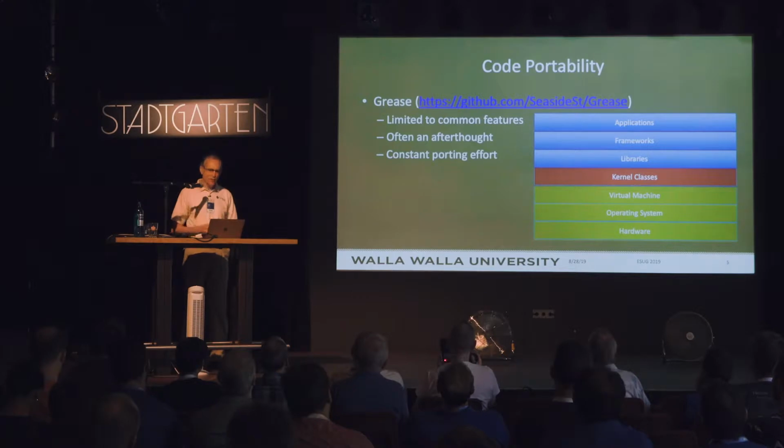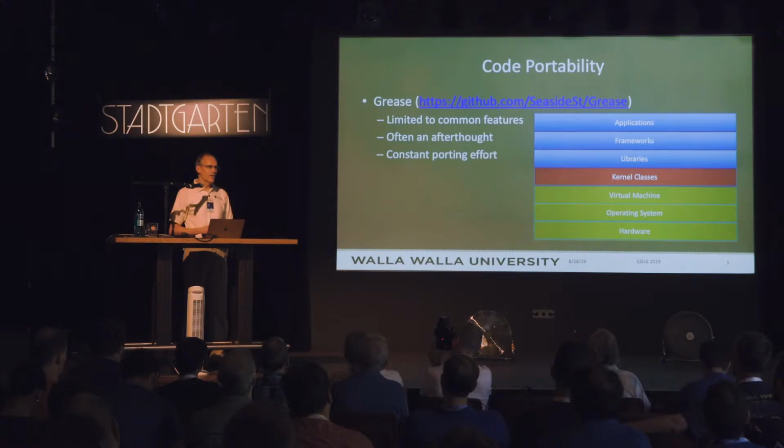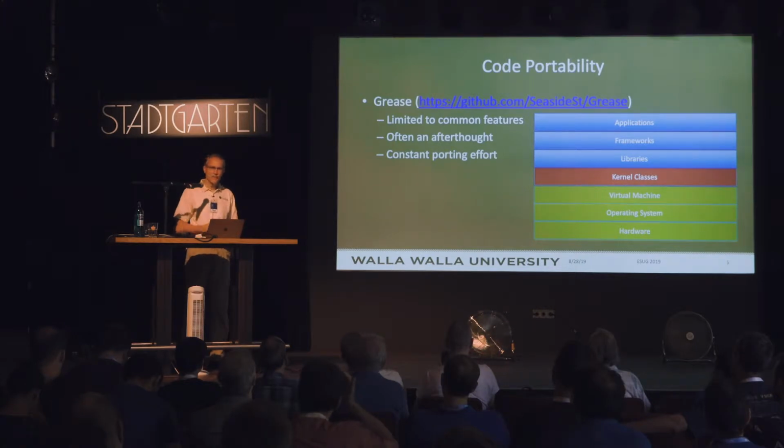And that works reasonably well, but the challenge with a compatibility library or portability is you rarely put it in from the start. You only go to it later, and in many cases with libraries, it will be ported by someone else who thinks, oh, well, this was neat in Pharo, I'd like to take it somewhere else. And so then they have to rewrite it. It's rarely done from the start.